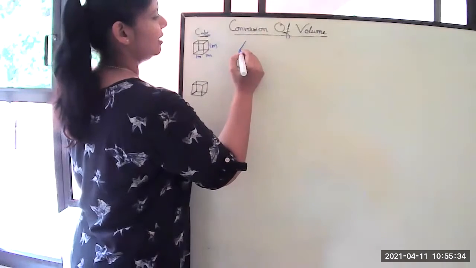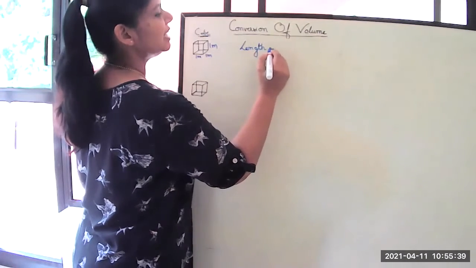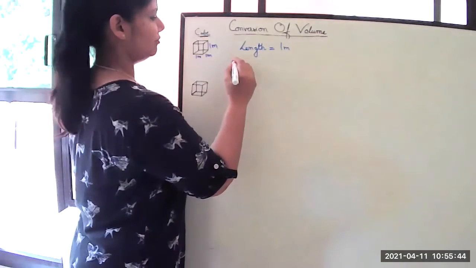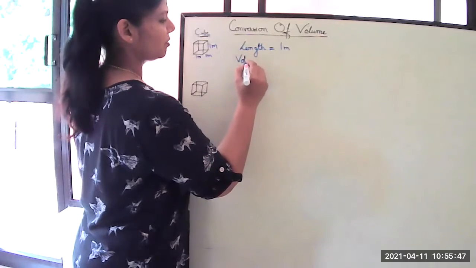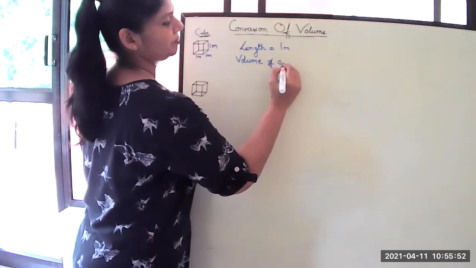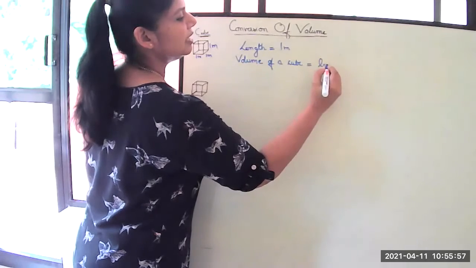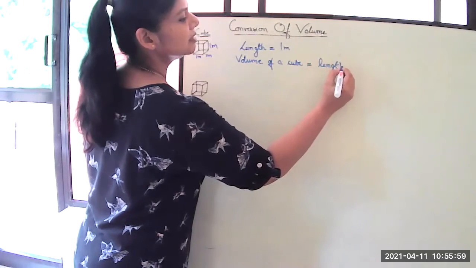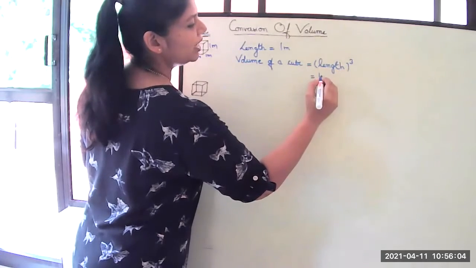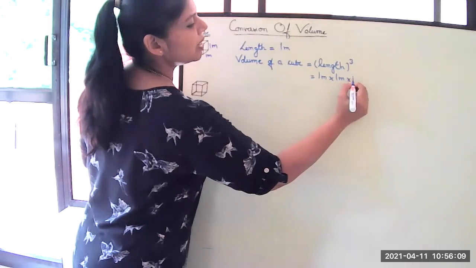So again, we need only one side, so I am writing it as length 1 meter, and the formula for the volume of a cube is length, the whole cube. That means 1 meter multiplied by 1 meter multiplied by 1 meter.